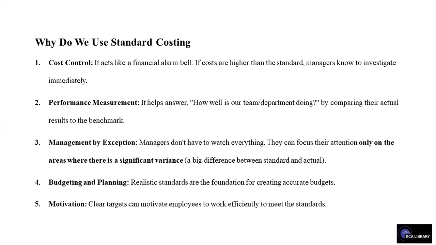It's also needed for management by exception. Managers don't have to watch everything. They can focus their attention only on the areas where there is significant variance, that is, a big difference between the standard and the actual.